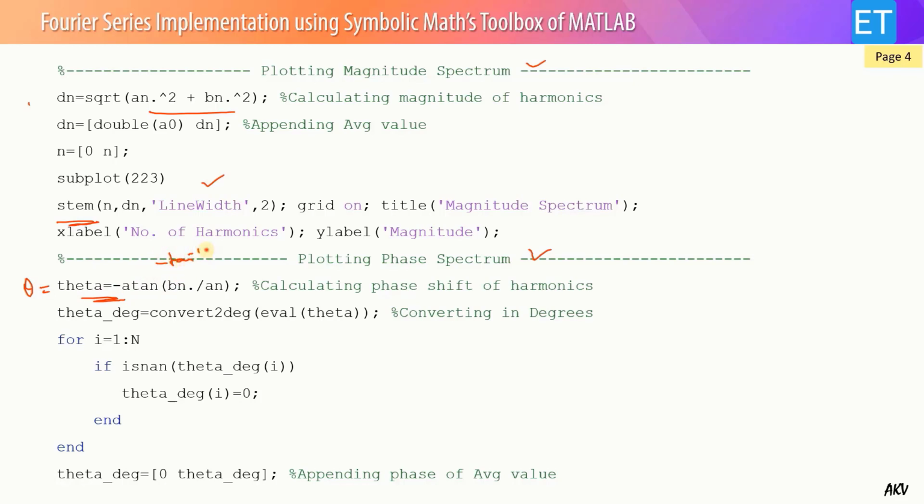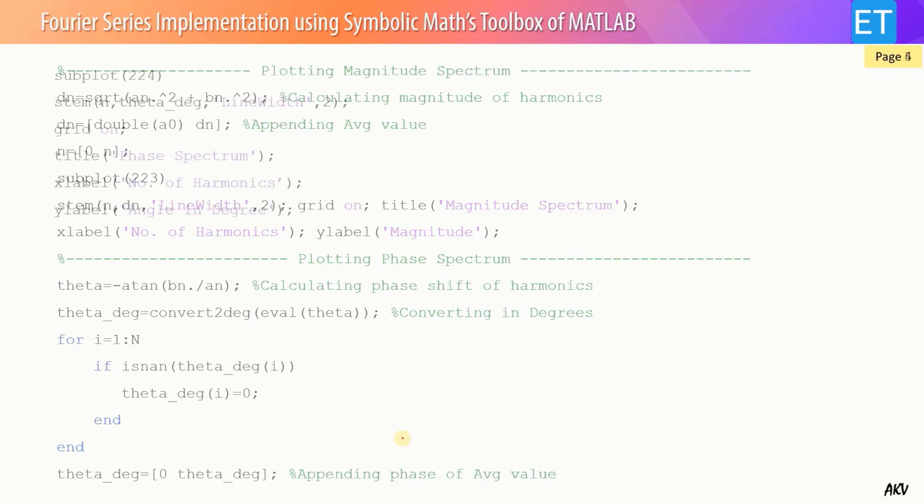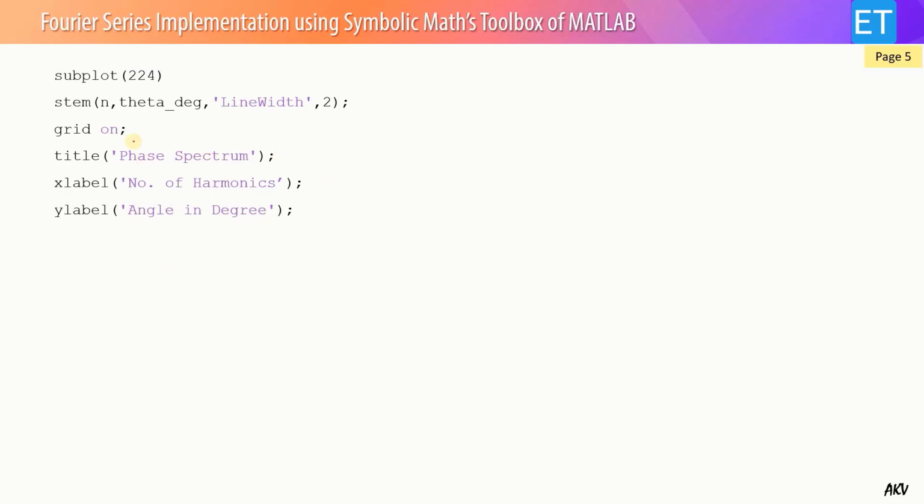You remember this expression. The theta we get is in radians, so we just convert it into degrees and then plot these degrees. Here, with a stem plot again, we are plotting this theta.